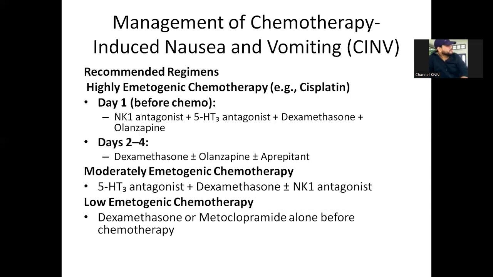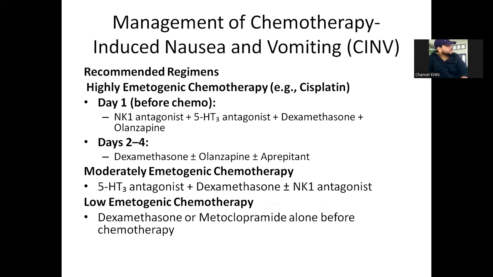Next, recommended regimens. In the case of highly emetogenic chemotherapy, meaning high emesis cases, on day 1, an NK1 antagonist with a 5-HT3 antagonist with dexamethasone with olanzapine can be given. And on days 2 to 4, dexamethasone with or without olanzapine and with or without aprepitant can be given.